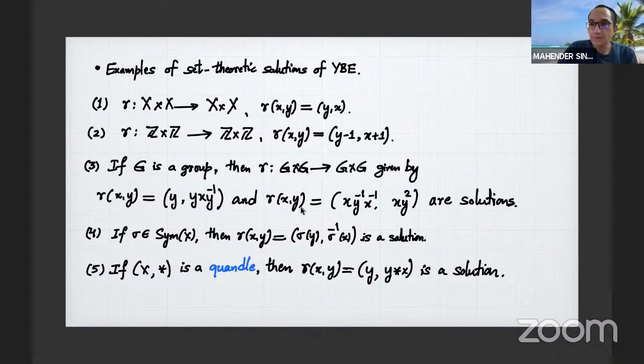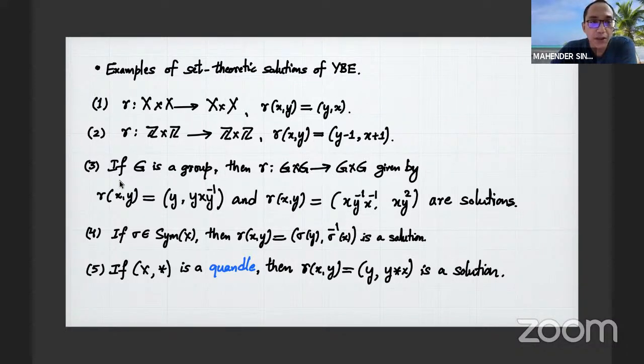So let us look at some solutions, at least some non-trivial solutions. Obviously the flip map is a solution that we know. And look at this map, the second example, from integers cross integers to itself. One can check that it's a set theoretic solution of the Yang-Baxter equation.